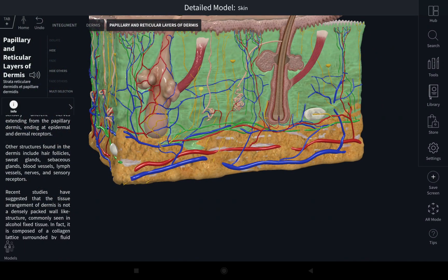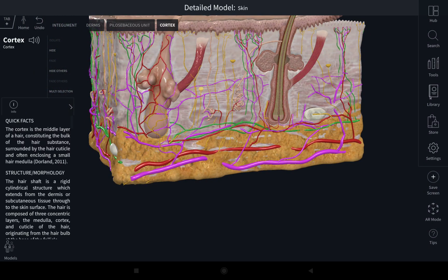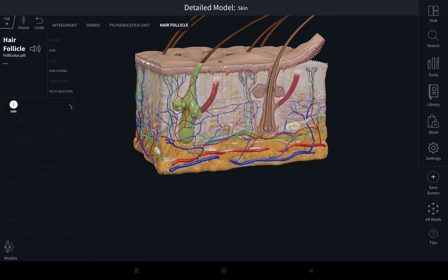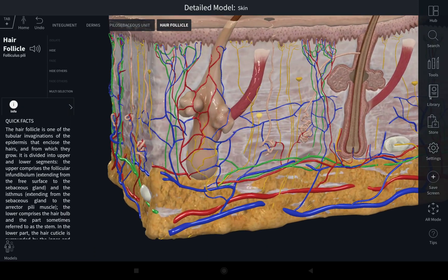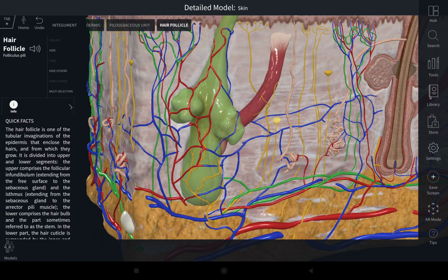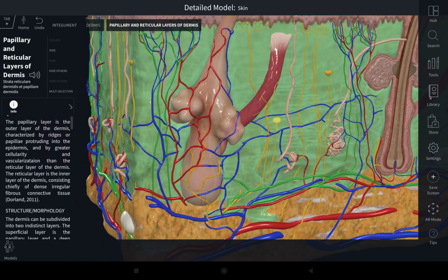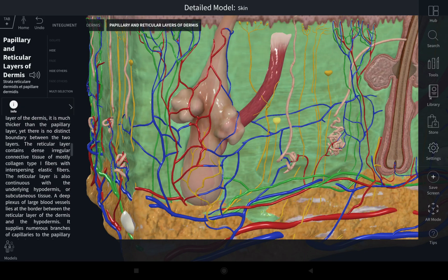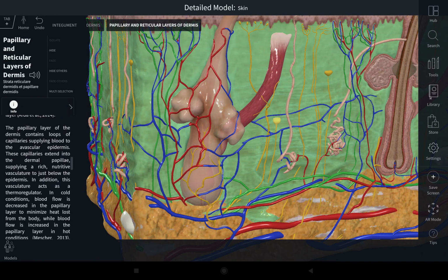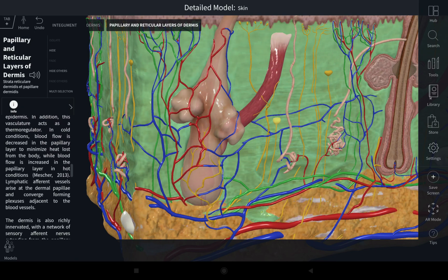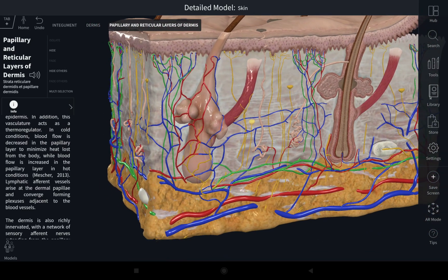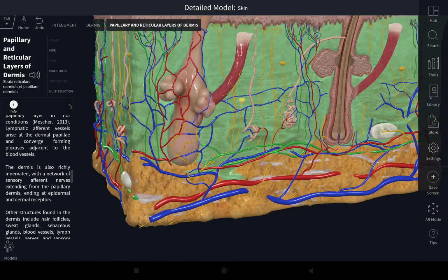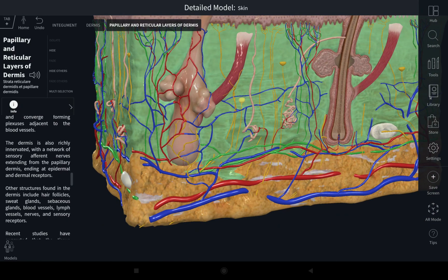This is the hair follicle. Sweat glands.